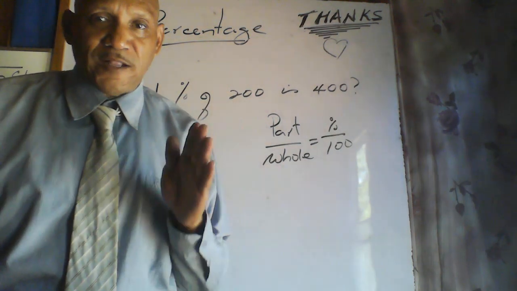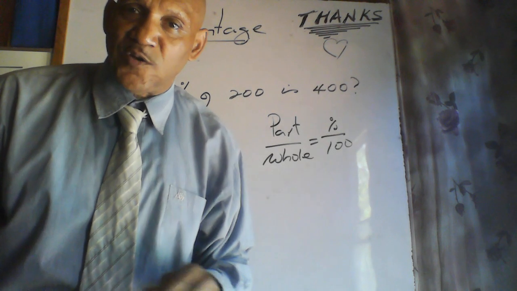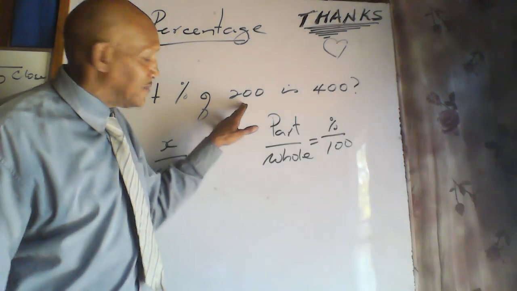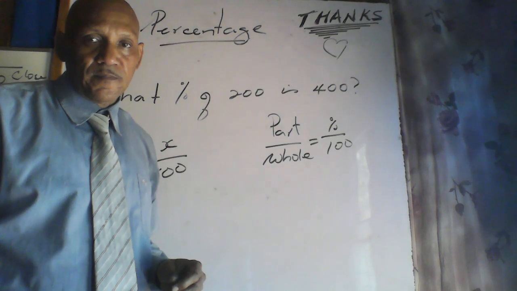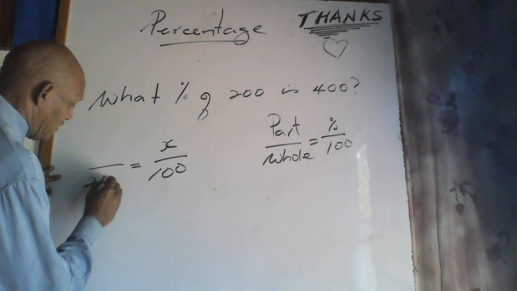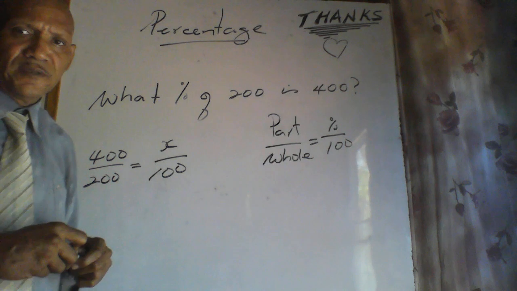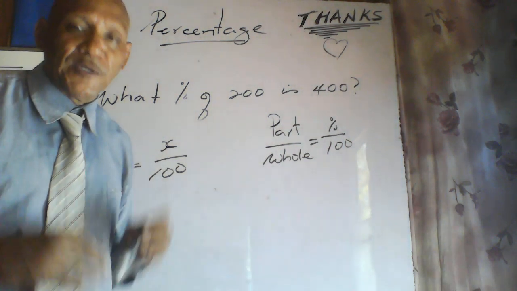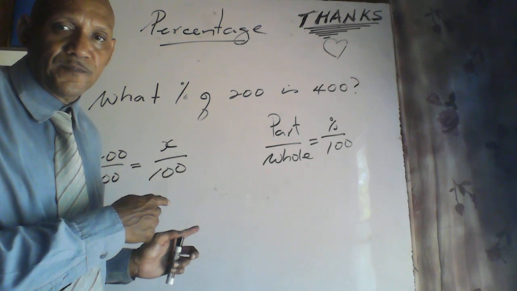The number that comes after "off" 9 times out of 10 is the whole. Here is the number that comes after "off." Apply the rule. So the whole is 200 and the part is 400. It looks weird, but that's how it's set up.